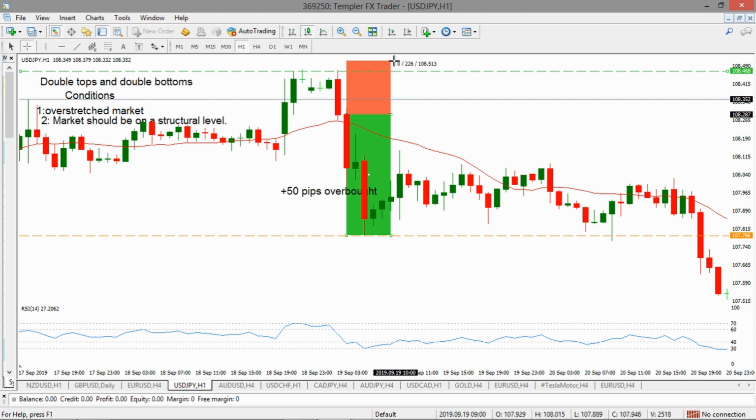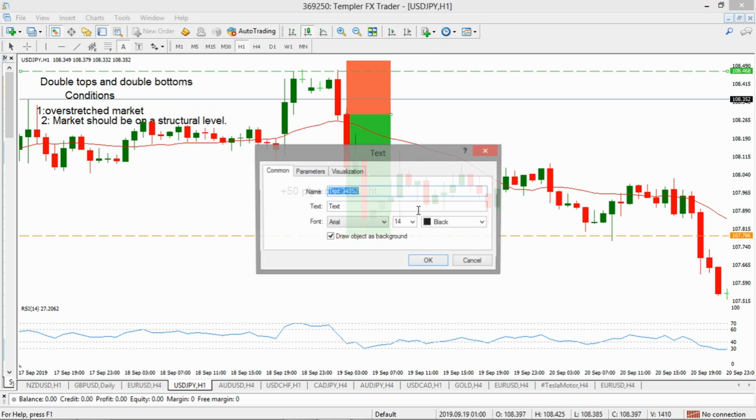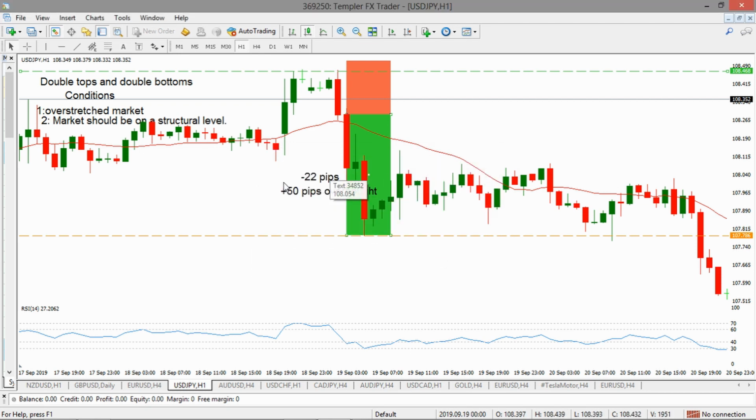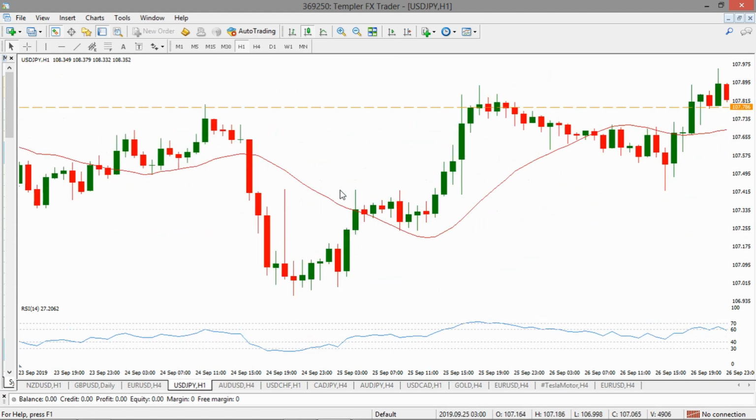It's all up to you to see what type of data you need from your strategy. You can say this 22 pips risk is fine. So we had a risk of 22 pips, but we gained 50 pips. That's how we record. Let's go ahead and find another trade.